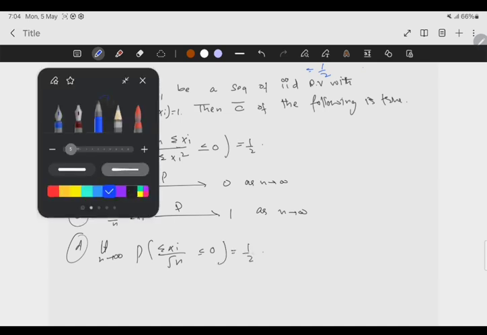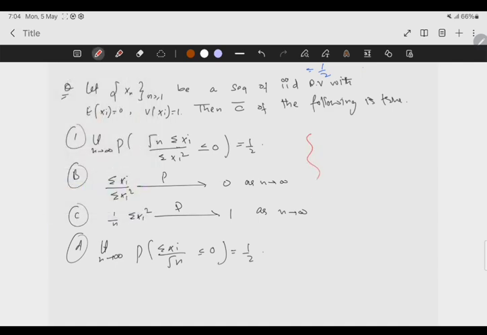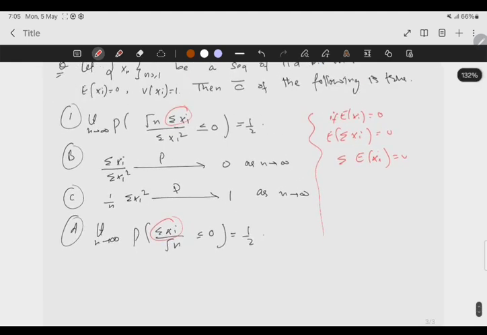Now simply, if you see, here is summation Xi, here is summation Xi. Now we will deal with this summation Xi. If expectation of Xi is equal to 0, then expectation of summation Xi will also be 0, as summation of expectation of Xi is equal to 0. And variance of Xi is equal to 1.